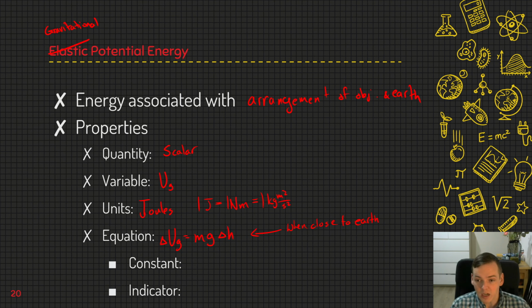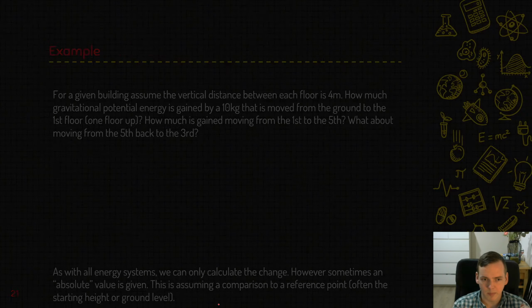Basically, if g is a constant, this is fine to use. The constant is mg, in other words, the weight of the object. And the indicator is h, or the height. If something moves higher up, farther from the Earth, then you'll see the potential energy increase. If it moves closer to the Earth, farther down, then the potential energy will decrease.